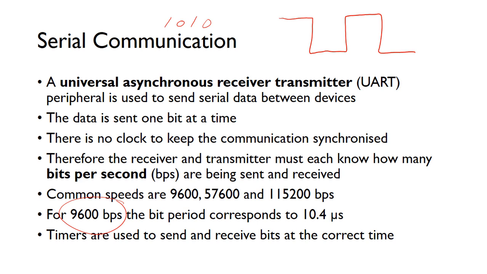Because we set the baud rate to 9600, each one of these periods will be 104 microseconds. So the receiver knows to read the input here, and then 104 microseconds later it'll read it here, and here, and here. So the timers are used to send and receive the bits at the correct time.